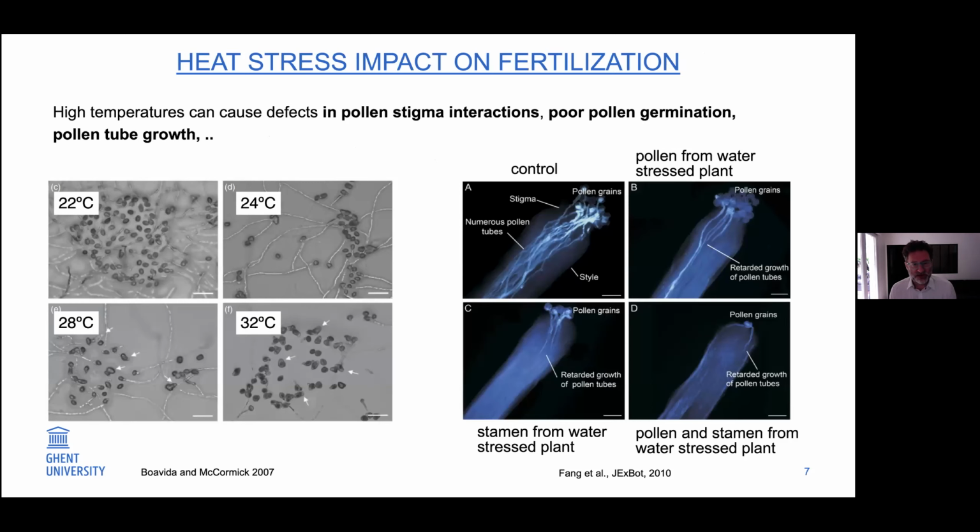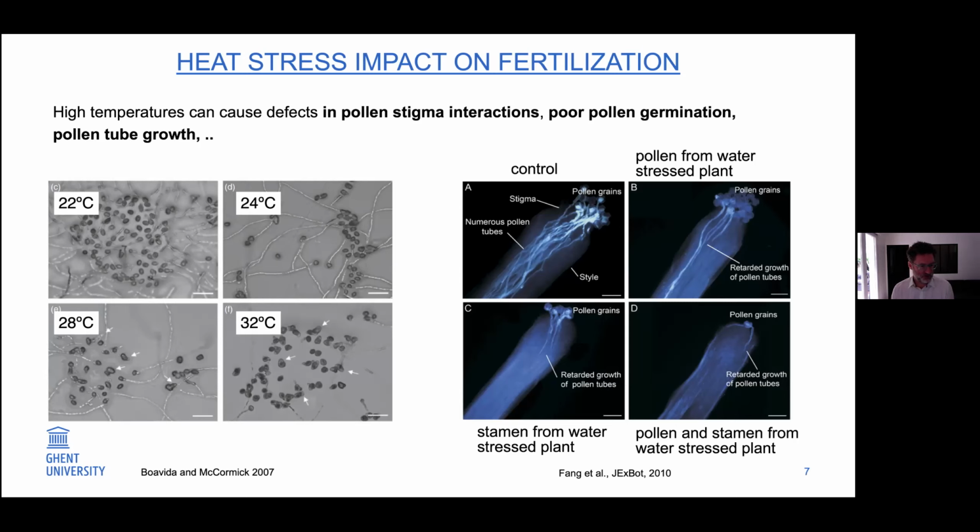A second level where heat can impact sexual reproduction is on fertilization. And most of these effects are related to pollen, pollen stigma interaction, poor germination, and pollen tube growth. Here you see a few examples of this.